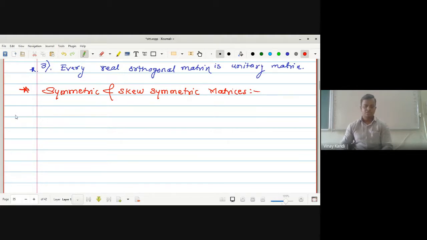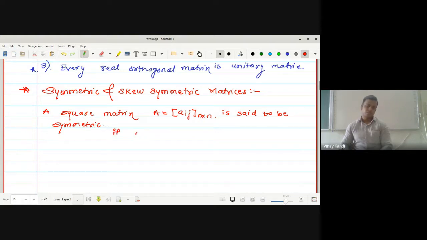Okay, now first we see the definition of a symmetric matrix. A square matrix A equal to Aij of order n cross n is said to be symmetric if A is equal to A transpose.